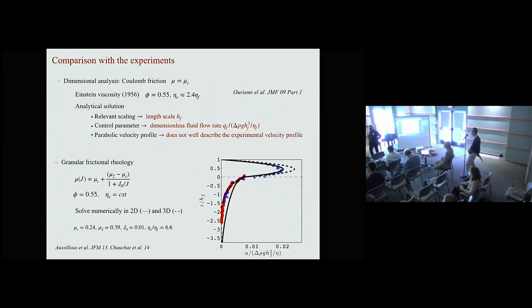This profile is not parabolic. If we use a Coulomb profile, it won't be the good one. So we think that we need to put the good rheology. A lot of experiments on granular media show that we need to put the good rheology.